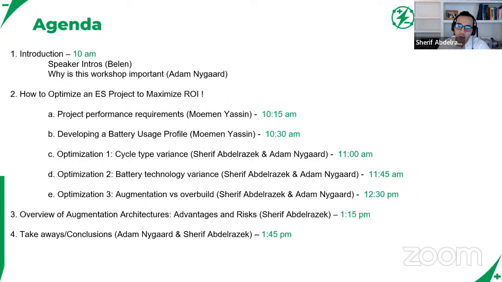What do you need to know that is outside of the economic and financial realm that will have an effect on your project? Then Adam and I will bring it all in, conclude, and see what we took away from our time together. So with that, Adam, I'll pass it over to you for the first section here.